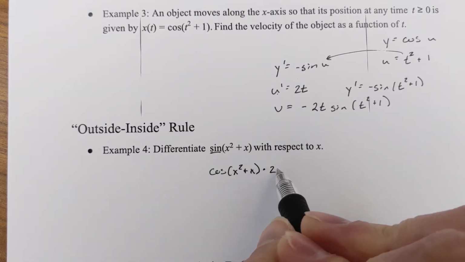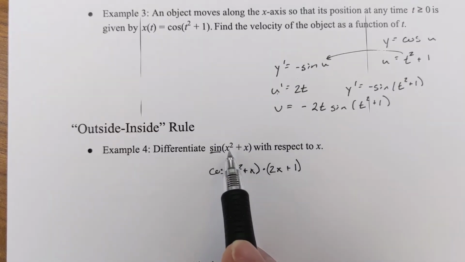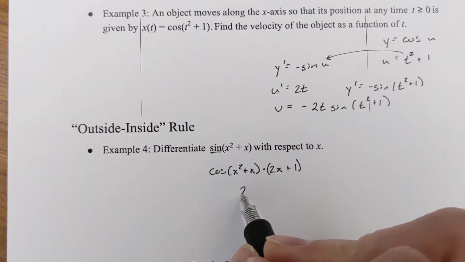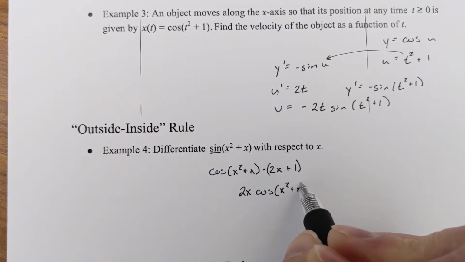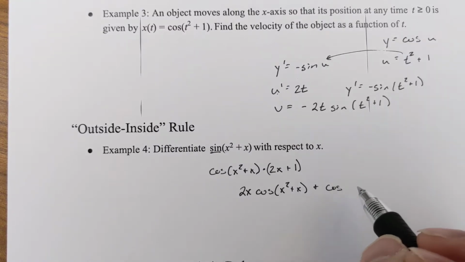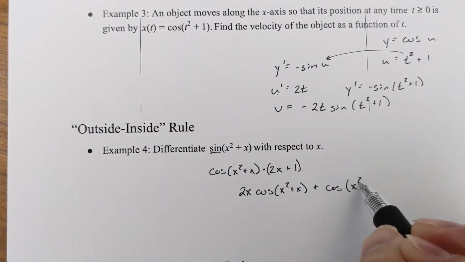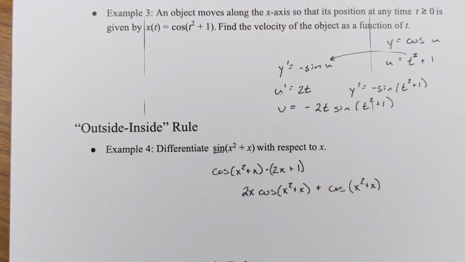And then you multiply by the derivative of the inside, so the derivative of x squared plus x. So this would be 2x cosine of x squared plus x plus the cosine of x squared plus x, if you worked out your multiplication.